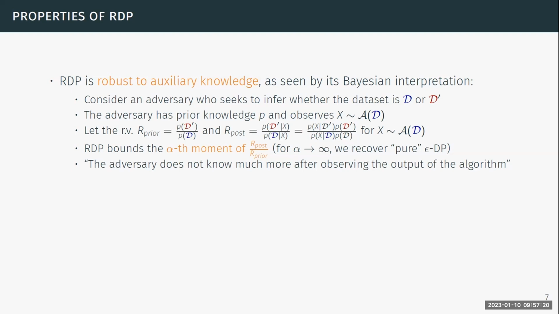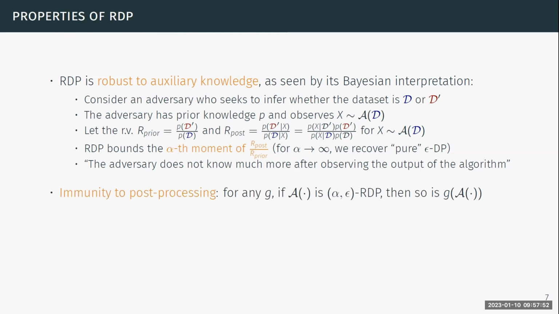So this captures the fact that maybe if the adversary knew a lot, even before seeing the output of the algorithm, we cannot do anything about it, right? We can just guarantee that hopefully the adversary doesn't know much more than before. And if the adversary knew nothing, well, then it knows nothing plus just a little bit, right? So this is really what differential privacy captures. It tells that by revealing the output of the algorithm, I will not increase the knowledge of the adversary by too much.